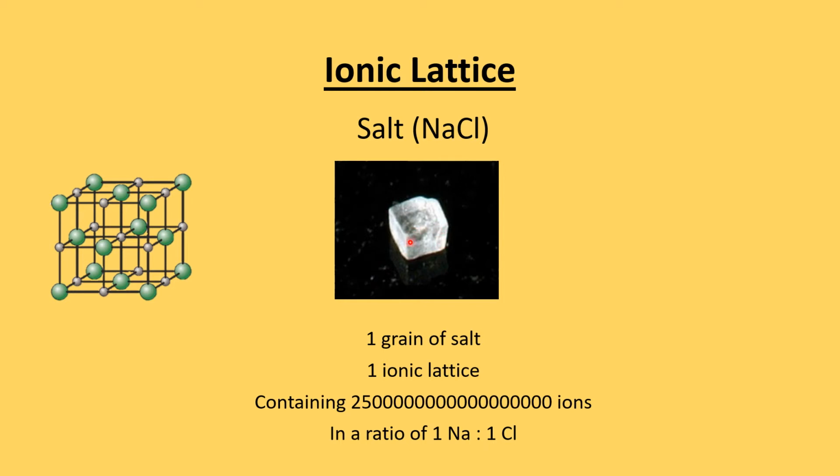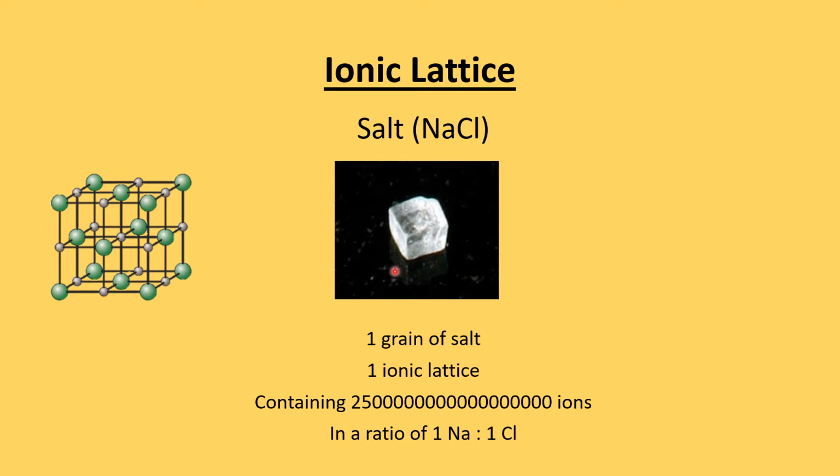But when you hold one grain of salt in your hand, just like one grain of sand, what you hold is not billions and billions of sodium chloride molecules. It doesn't form molecules because it's ionic. Ionic forms lattice. So what you have is one single ionic lattice in one single grain of salt. It contains, as you can see here, 2.5 times 10 to the 18 ions, with a ratio of one sodium to one chloride ion, a 1-to-1 ratio.